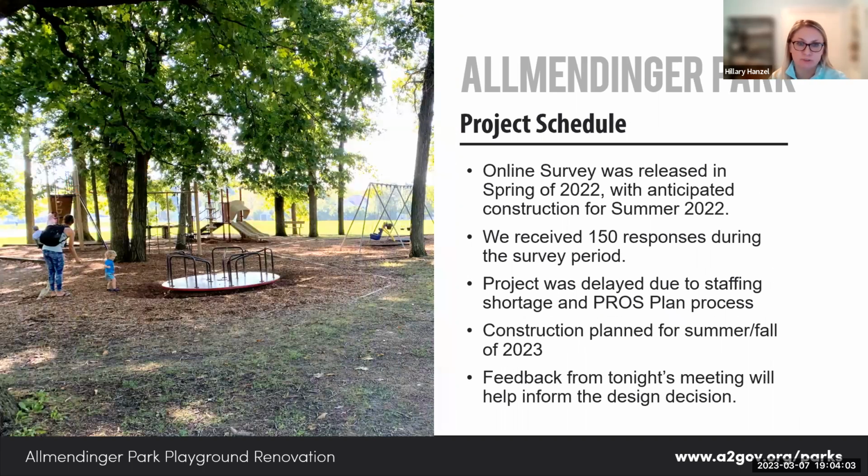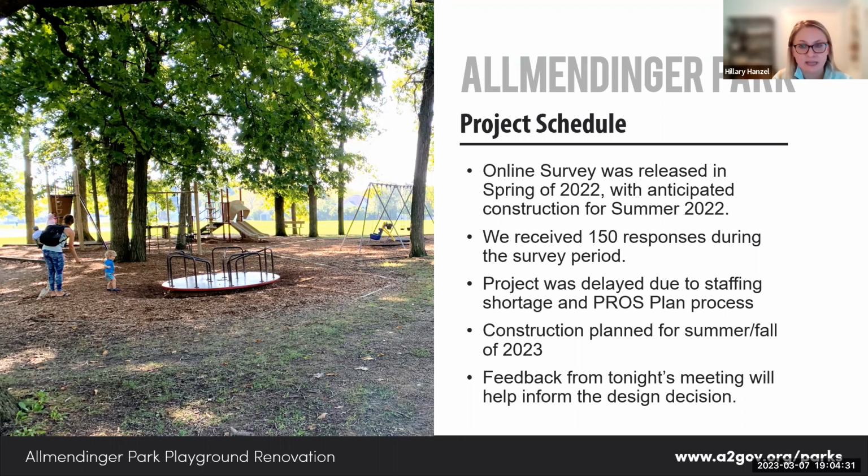As far as schedule, many of you likely remember we sent out an online survey spring of last year. At that time, we'd anticipated to have construction underway that summer, and it didn't happen for a few reasons. But we were very impressed with the response we received. We received over 150 responses, which is well above our average for neighborhood scale playgrounds.